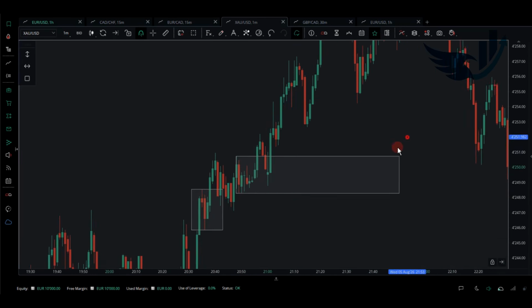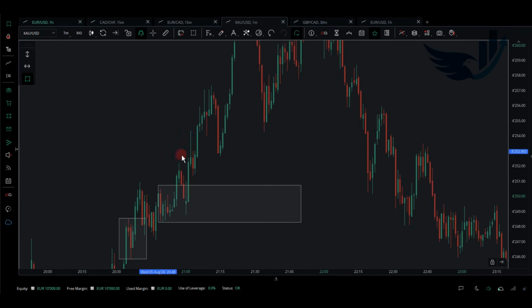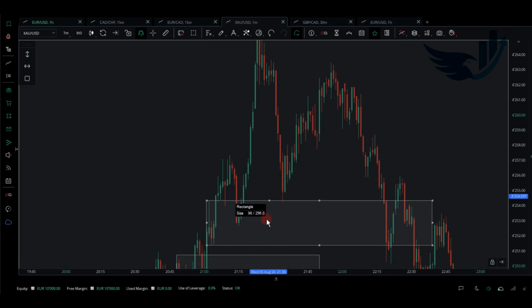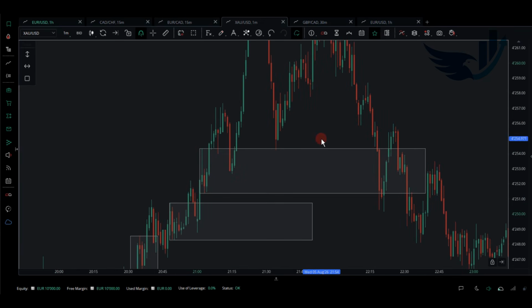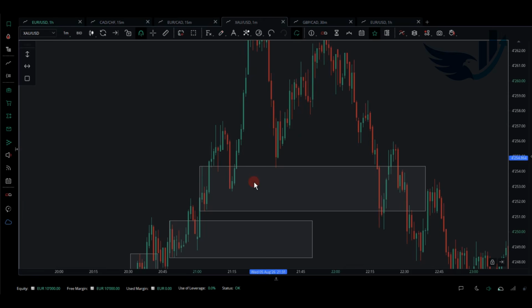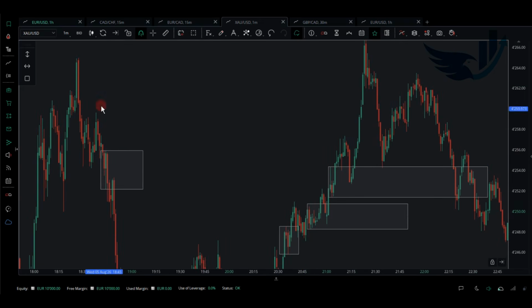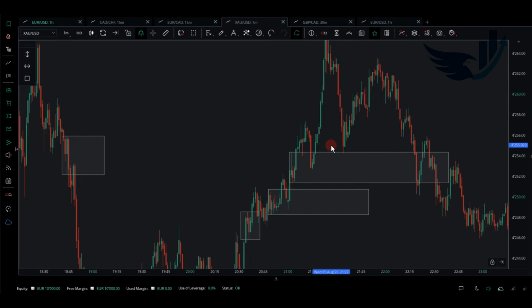But when it comes, also in return, let me just go back to the first example. Also in return, if you extend the box, you can see that, I mean, here we have some reactions. So far it's good for seeing the reactions. But the first point, which was breaking a high here, didn't convince us to take this box.